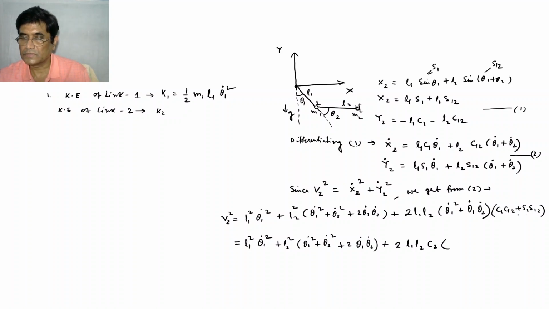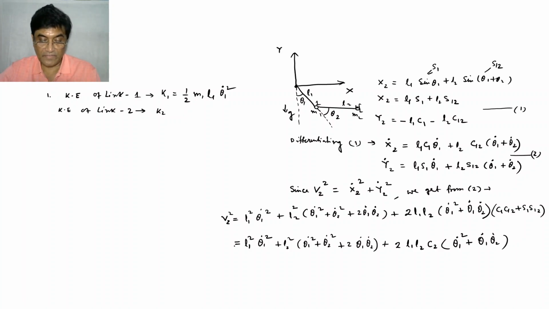So we have made it like this, theta 1 dot square plus theta 1 dot theta 2 dot, okay.